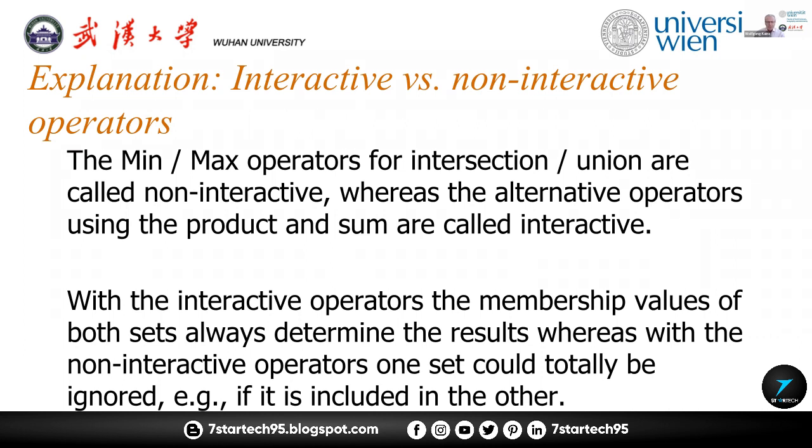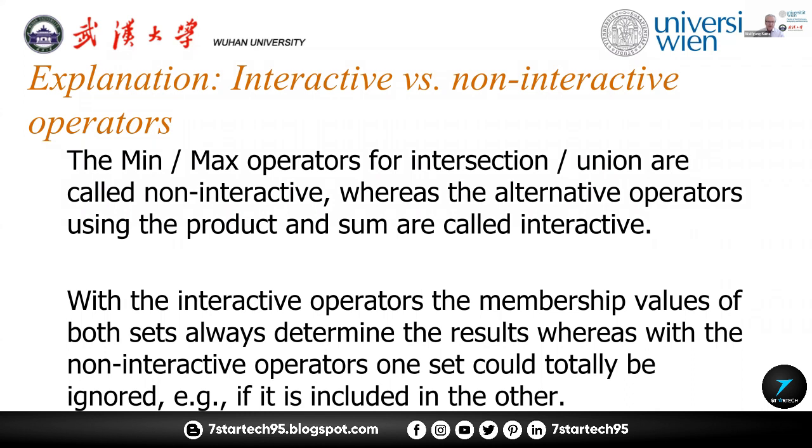The minimum and maximum operator for intersection and union are called non-interactive, whereas the other operators, for example, using the product to calculate the intersection of two fuzzy sets, or using the sum operators for calculating the union of two fuzzy sets, they are called interactive. Why are they called interactive or non-interactive?